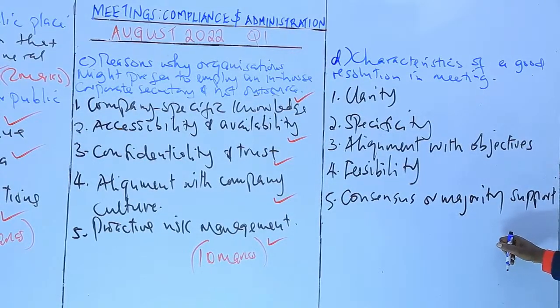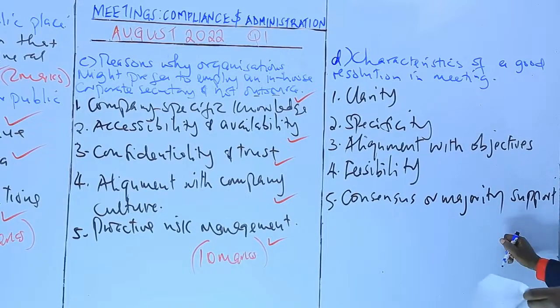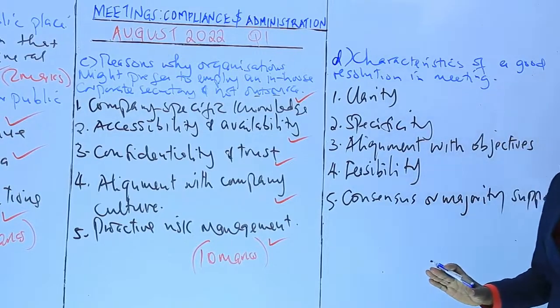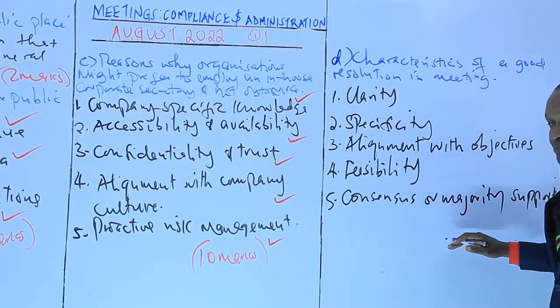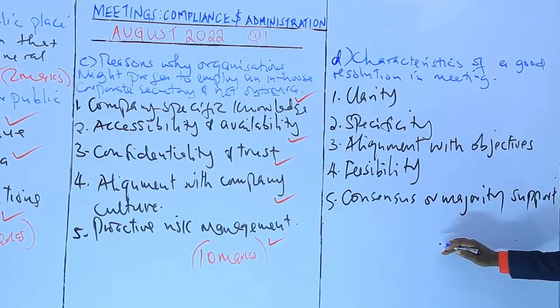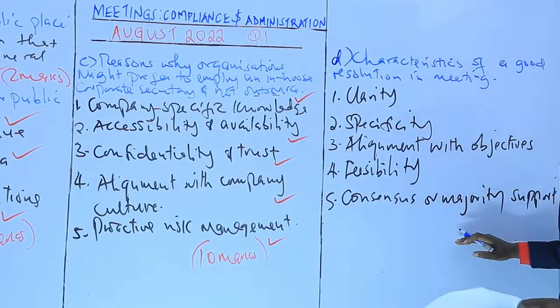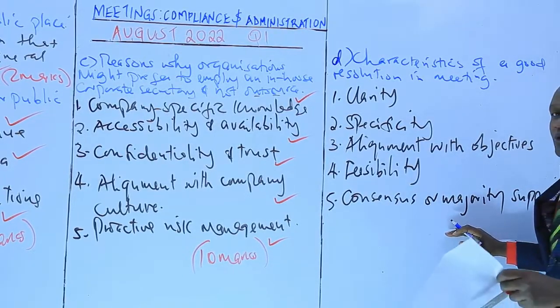Resolutions, candidates, are typically passed through consensus or majority vote. So a good resolution reflects the collective decision or will of the participants, ensuring that it has broad support among the members or stakeholders who are involved.